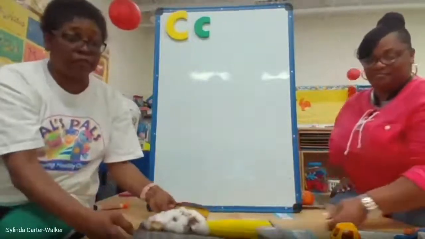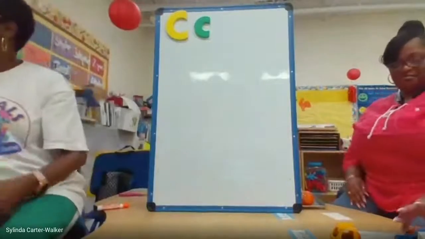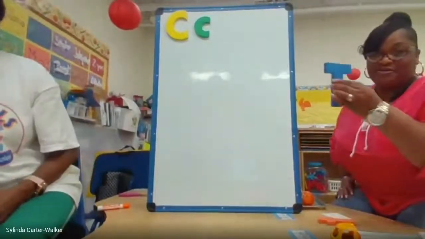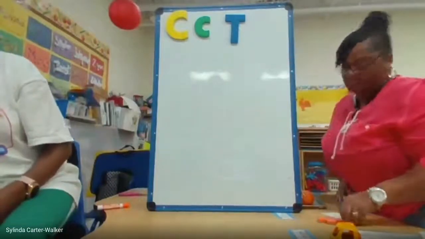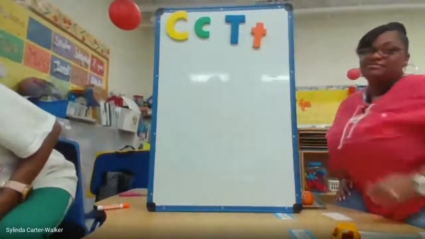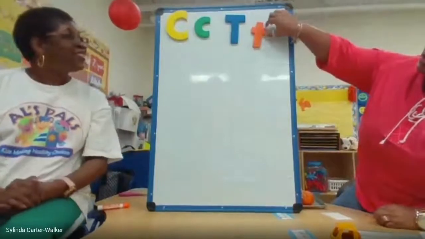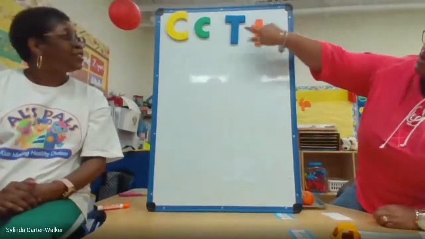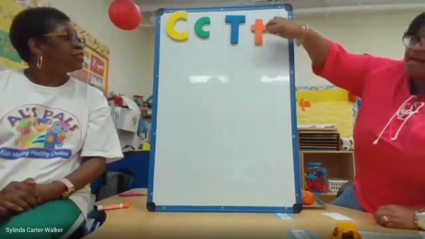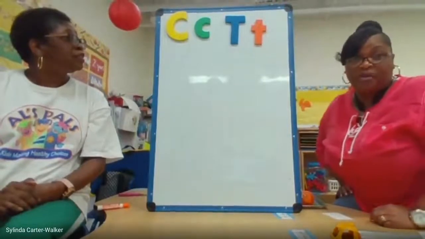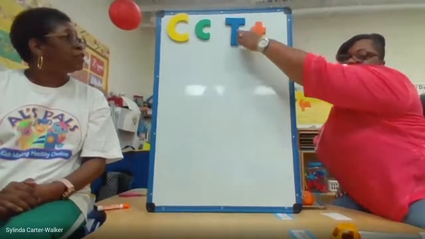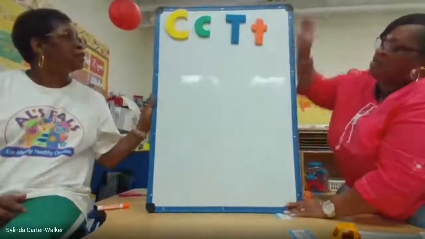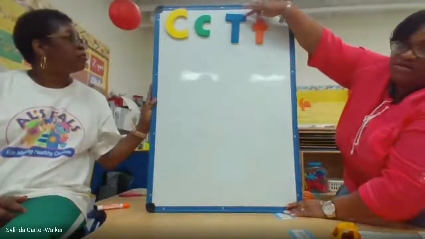Our next letter is the letter T. If you look at the T, the uppercase or the capital, as well as the lowercase, both of them are made with just lines. You take a line straight down and a line going across.